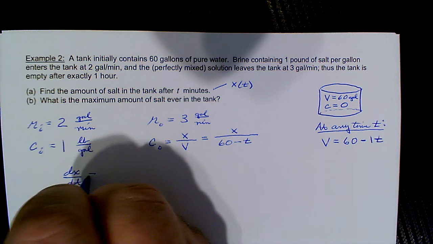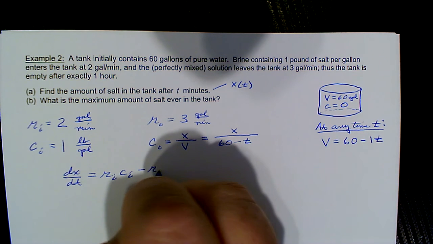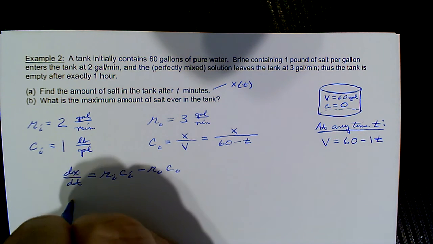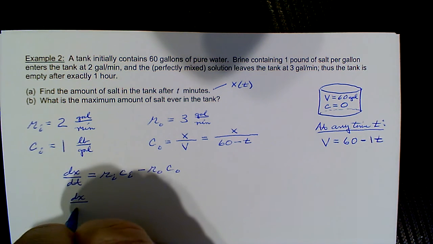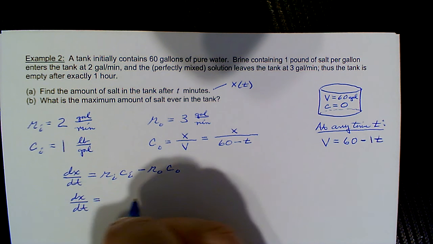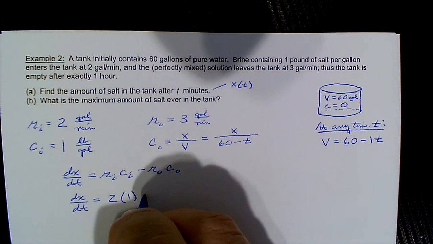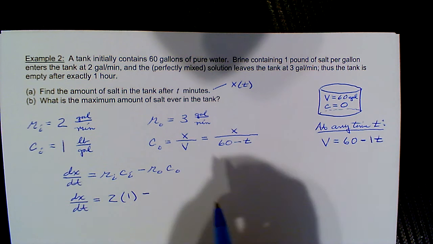Our equation again: dx/dt is r sub I c sub I minus r sub O c sub O. So dx/dt is r sub I is 2, c sub I is 1. Those are always going to be constants.